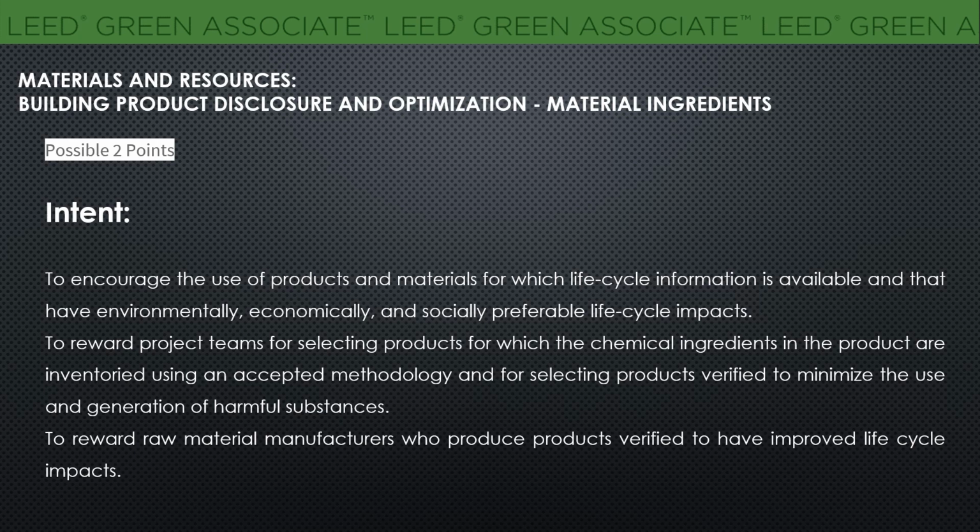The intent is to encourage the use of products and materials for which life cycle information is available and that have environmentally, economically and socially preferable life cycle impact, and also to reward project teams for selecting products for which the chemical ingredients in the products are inventoried using an accepted methodology, and for selecting products verified to minimize the use or generation of harmful substances. Also to reward the raw material manufacturers who produce products verified to have improved life cycle impact.